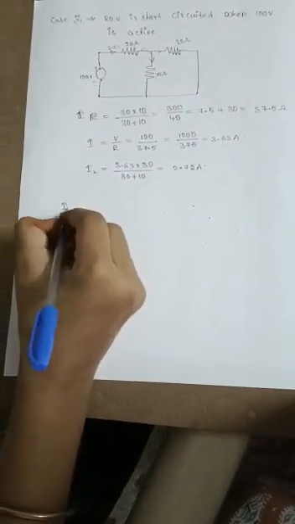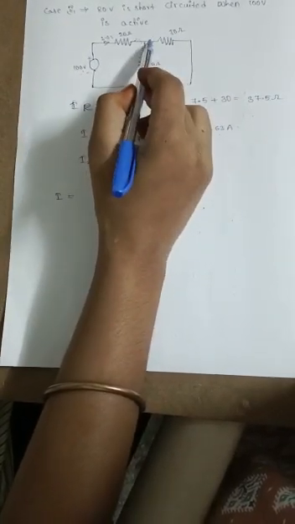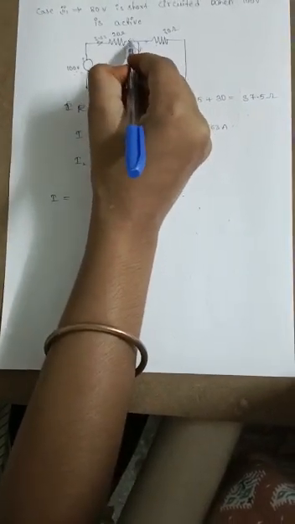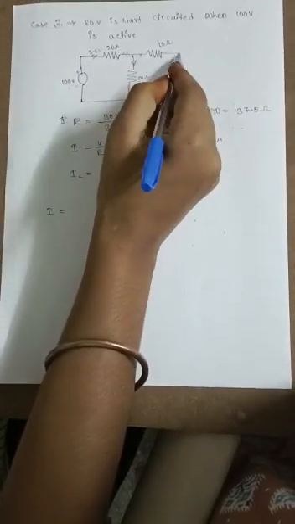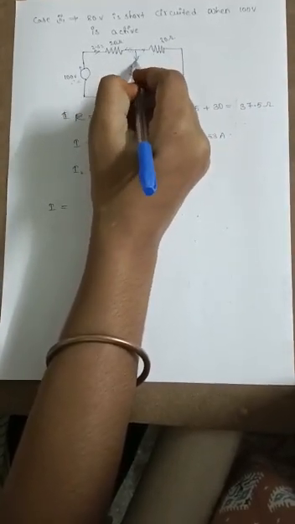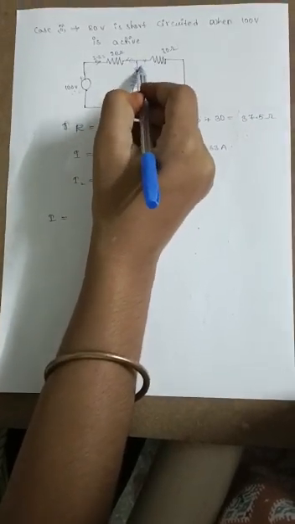Here from 80 volts also it will split based on the resistance. This current is coming from this direction, and this is also coming from this direction.